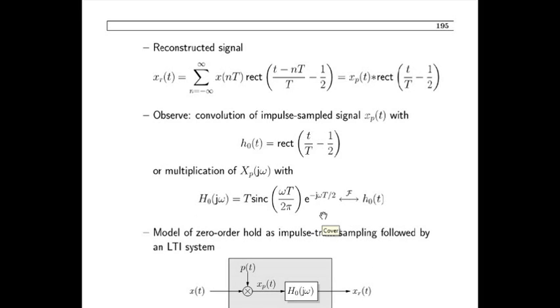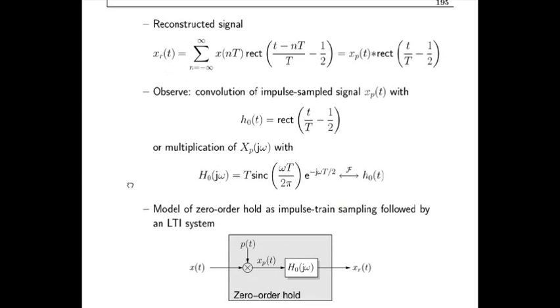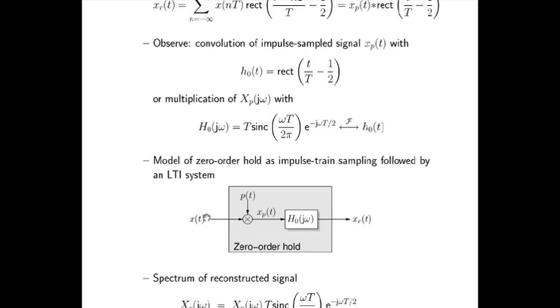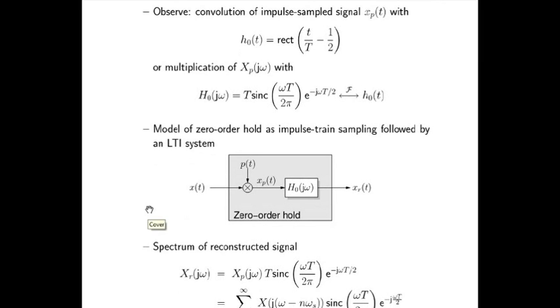This is the Fourier transform of the h0 of t function, and this is the model for zero order hold impulse train reconstruction. It is similar to the ideal reconstruction, but the impulse response and the frequency response of the low pass filter have changed in this case.